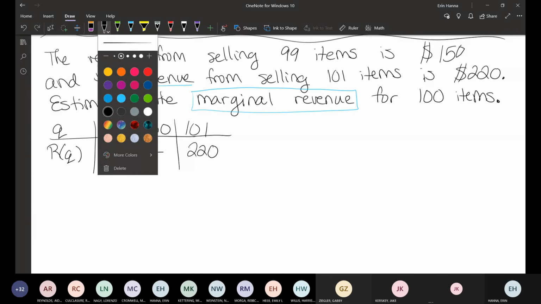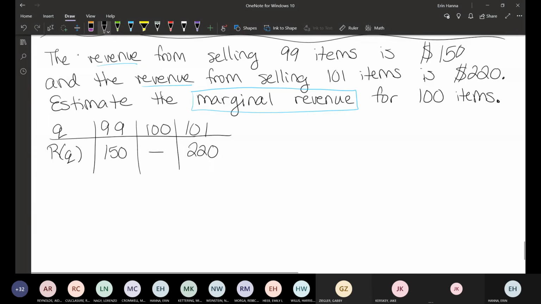So usually what we did in 2.1 when we had this table and we wanted to estimate essentially an instantaneous rate of change, which is essentially what we want here because we want a derivative value, we would take them on both sides and then average the two together. But I can't take the average rate of change on both sides because I don't know what it is at 100.